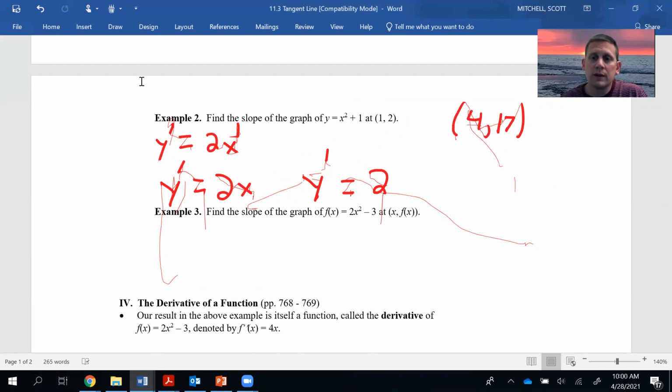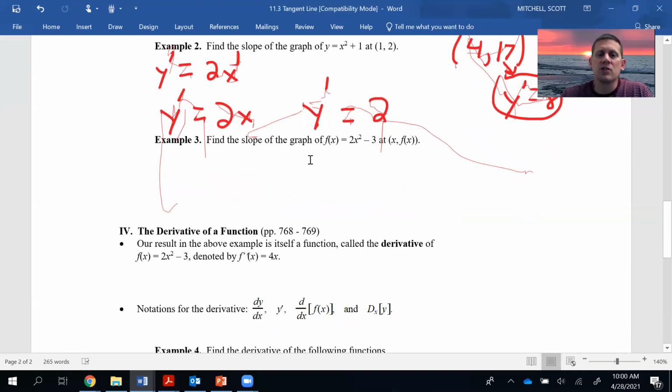So all you do is take your derivative. Take your x value 4 and plug it in. So the slope of this is 8 from this point. Notice 17 has nothing to do with it. Really, the y value does not play a role in finding the slope of the tangent line.